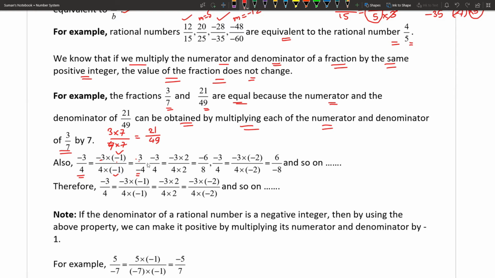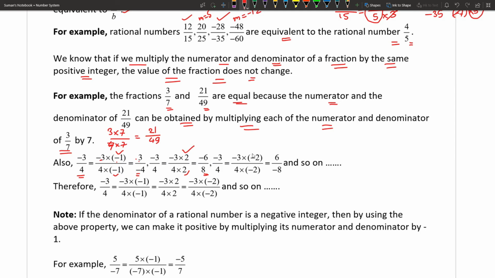So that is equal to minus 3 upon 4. Minus 3 upon 4 can also be written by multiplying both numerator and denominator by 2. So the numerator is now minus 6 and the denominator is 8, and that is equal to minus 3 upon 4.